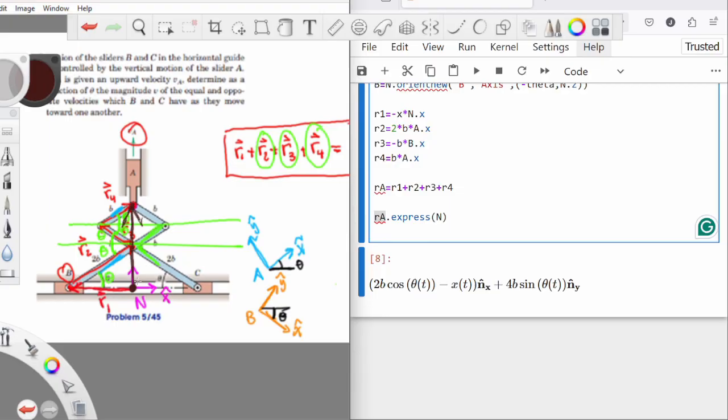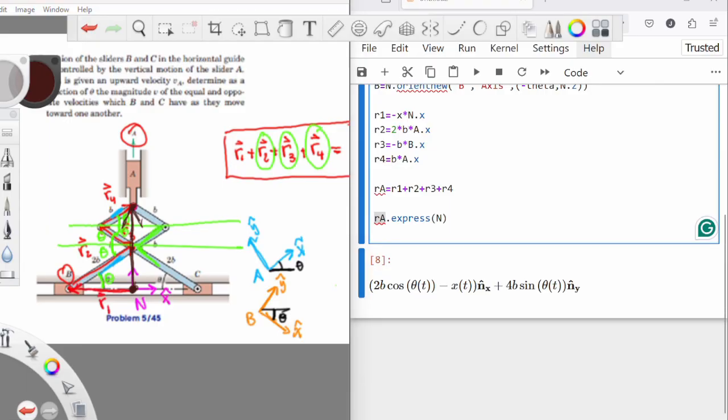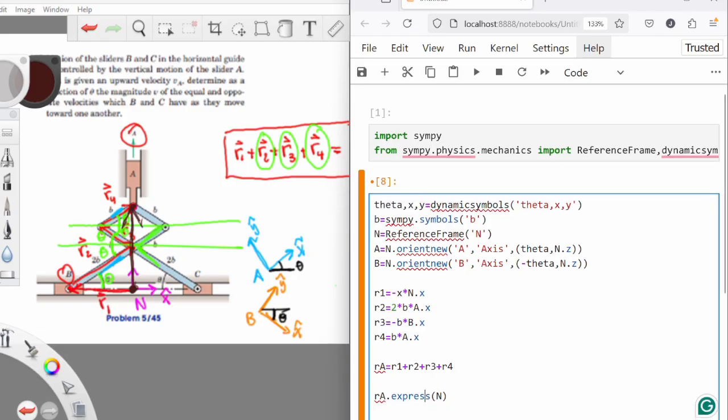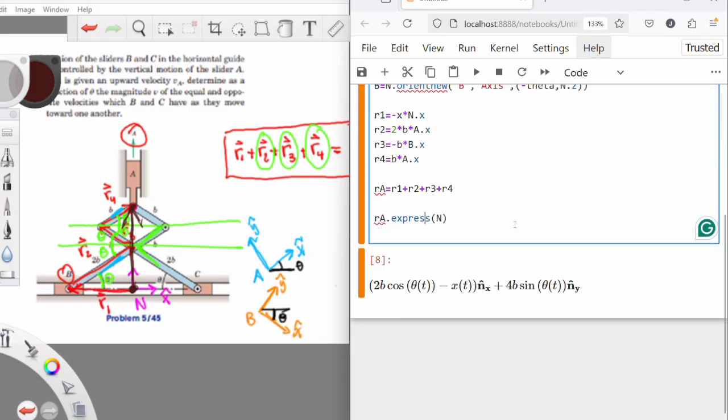But also RA is the distance from the ground to the point A that we can introduce into our problem as a new dynamic symbol that I will call Y. Let's do Y. It makes more sense with the variables we are using. So the variable Y also describes the vector RA, and it describes the vector RA by doing y times ny.